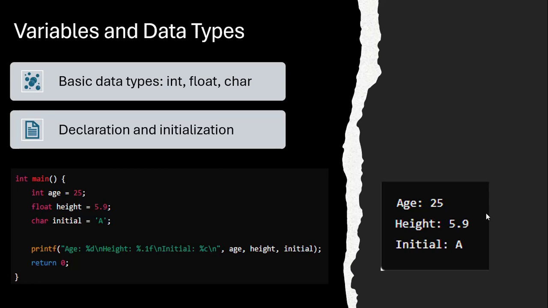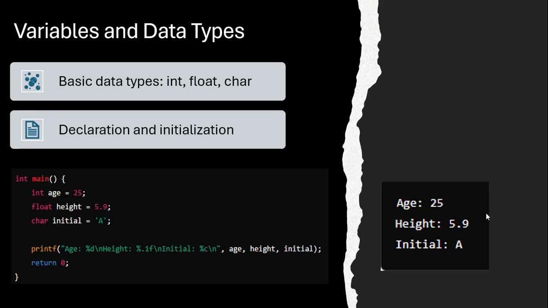Age has data type int, which is 25, and height is a variable of data type float, which is 5.9, and initial is a variable of char, capital A. For strings we use double quotes, and for characters we use single quotes. Every line of code must end with a semicolon. That is very important, otherwise it may show a syntax error.